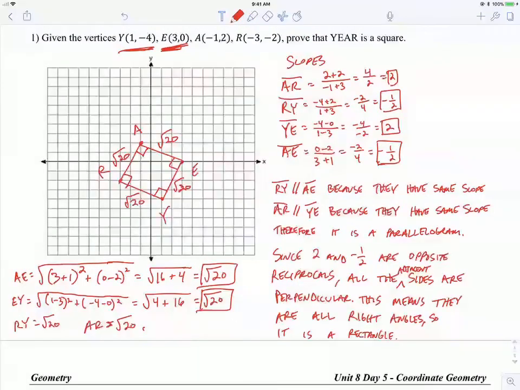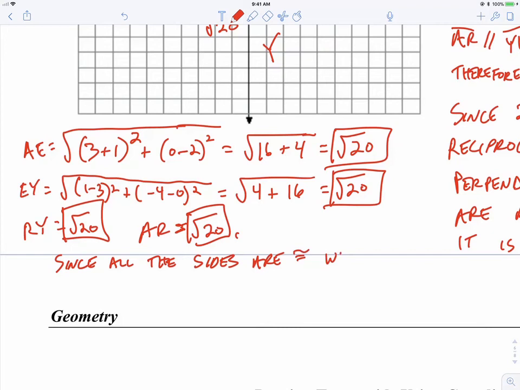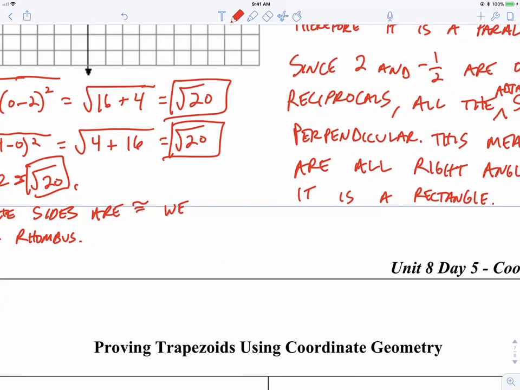Okay, welcome back. Now that we know, hopefully you got those to be the square root of 20, not too much trouble. Now we know that since all the sides are congruent, it's a rhombus. And we also know that the definition of a square is a rhombus and a rectangle.